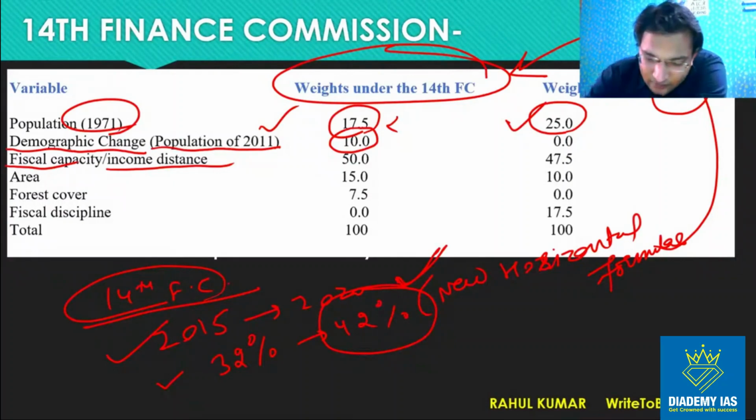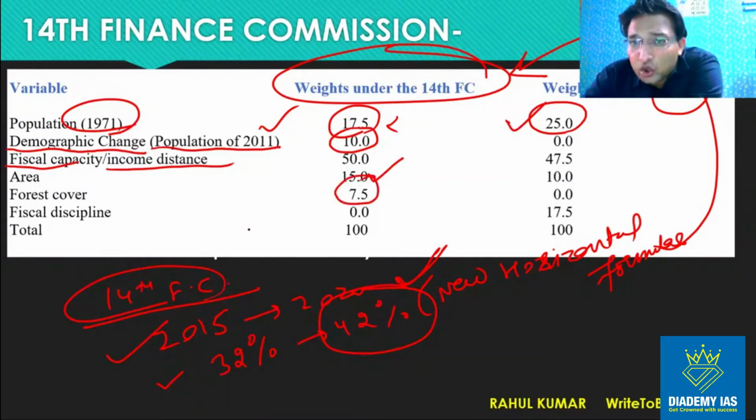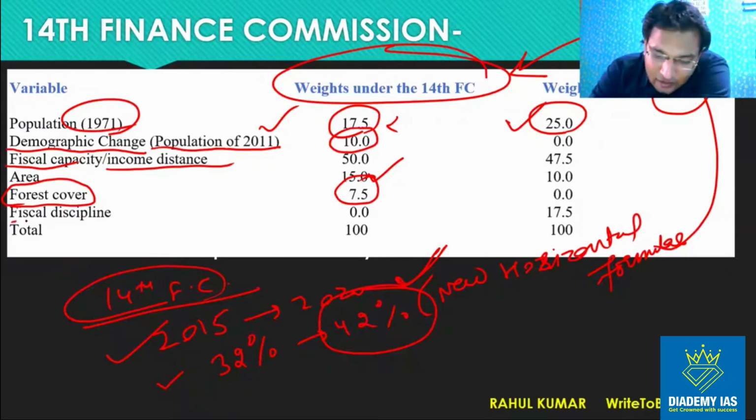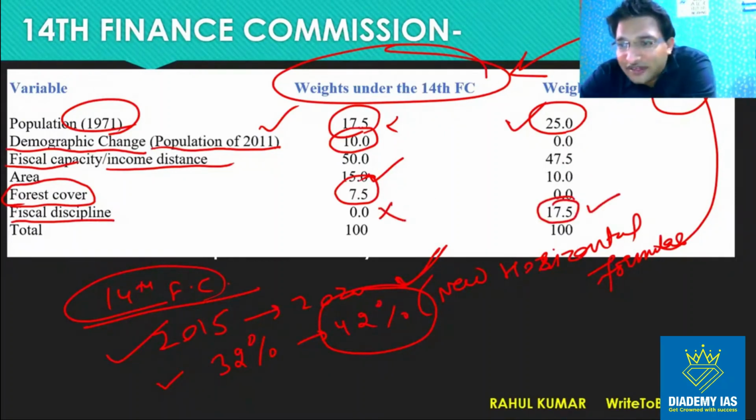Then there is weightage of area also. For the first time, the 14th Finance Commission introduced the forest cover concept also, so that more funds can be given to those states which have increased their forest cover. So this will increase their environmental consciousness. And this fiscal discipline criteria was eliminated. Earlier this was there, but now this was eliminated. So what is fiscal discipline?